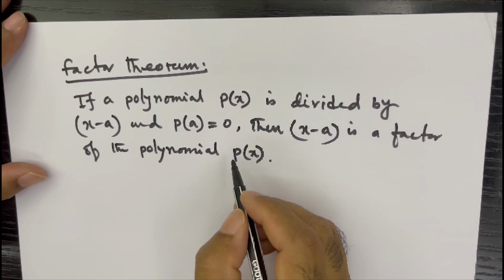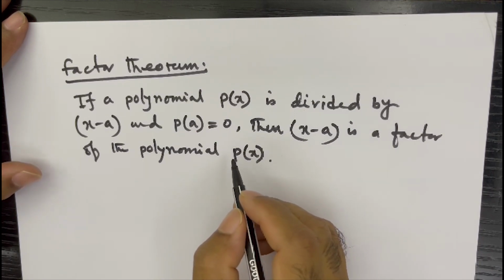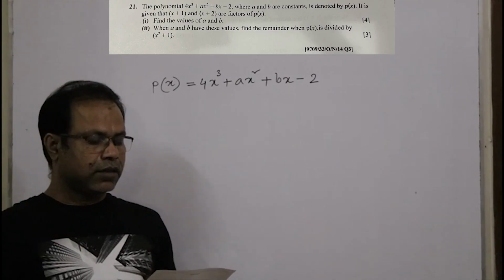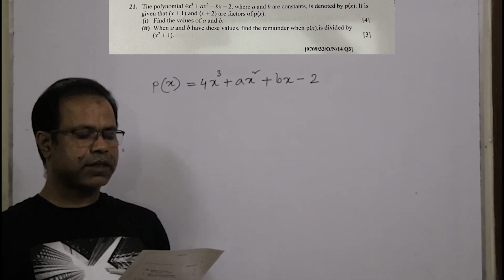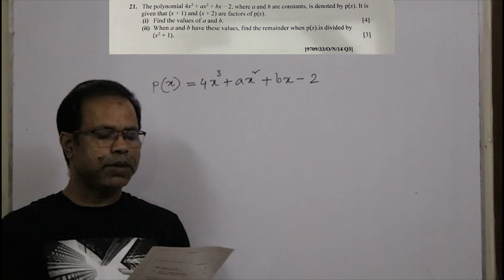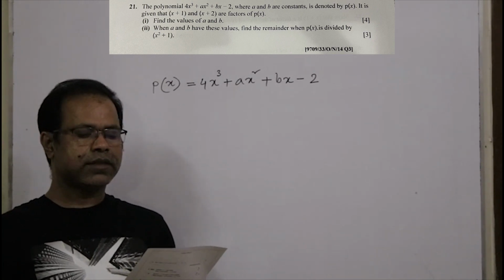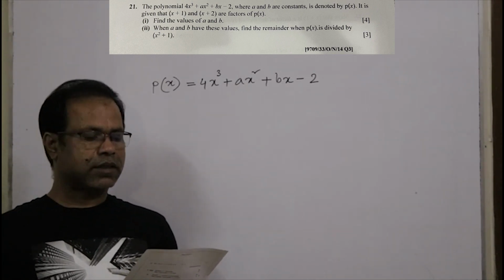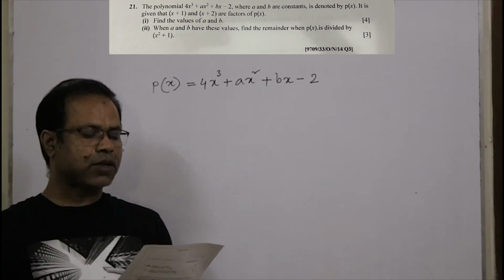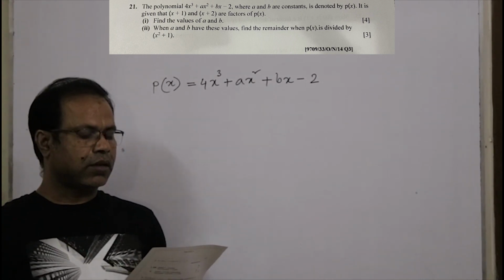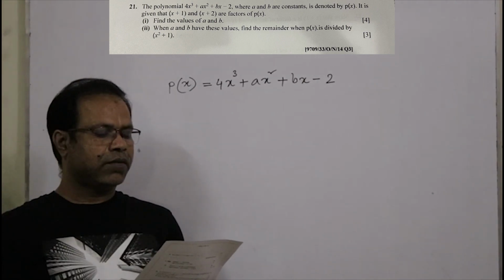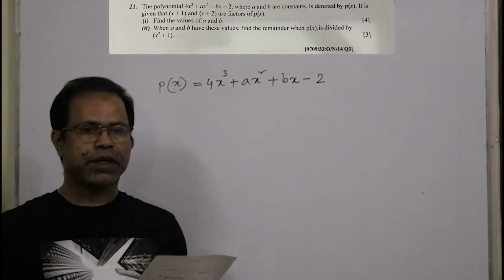Now I will explain the remainder and factor theorem with an example. The polynomial 4x cubed plus ax squared plus bx minus 2, where a, b are constants, is denoted by p of x. It is given that x plus 1 and x plus 2 are factors of p of x. I find the value of a and b.